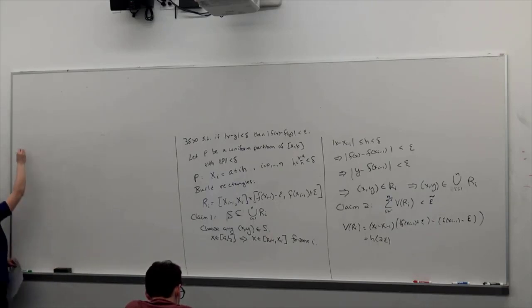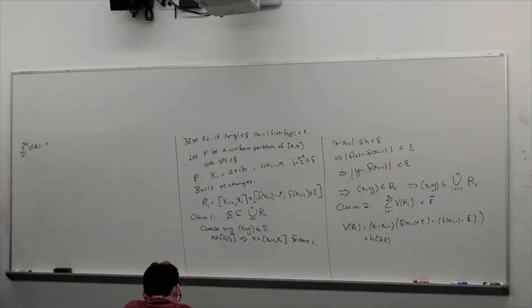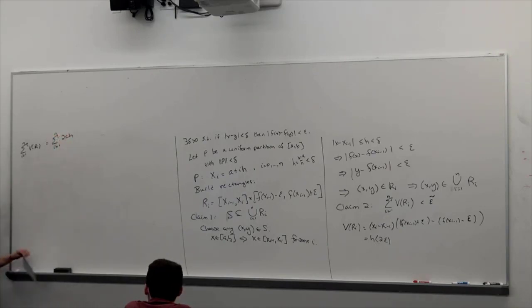Okay, so let's sum them up. Okay, so we're going to sum up all of this stuff. Well, there's no i's in here, so it's just n times this quantity.